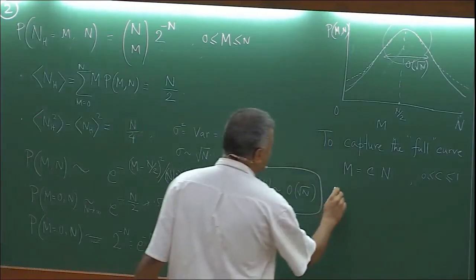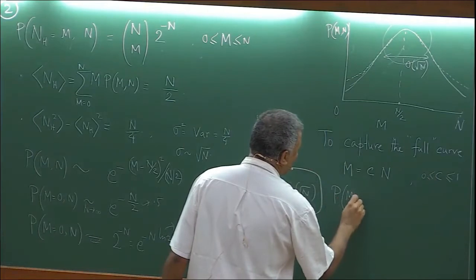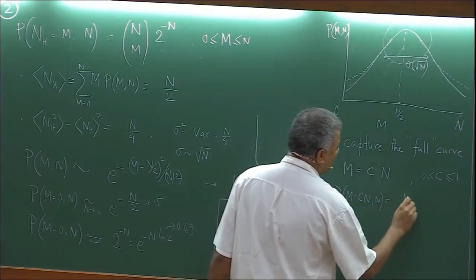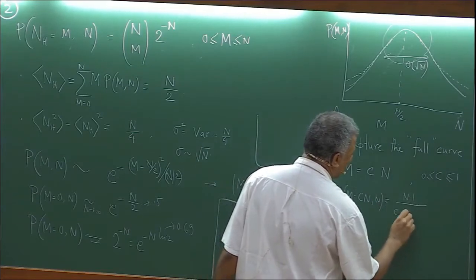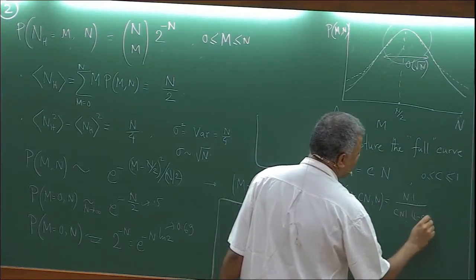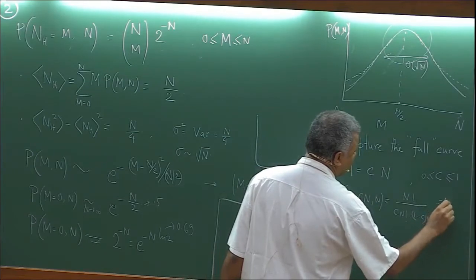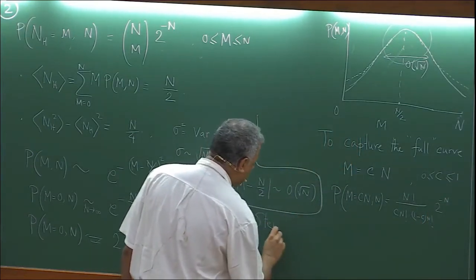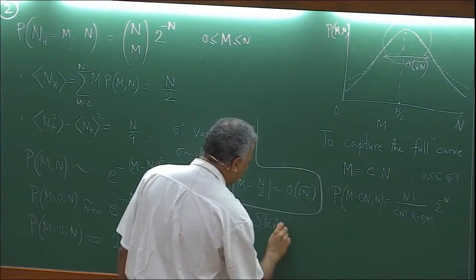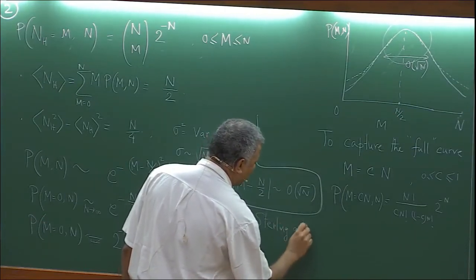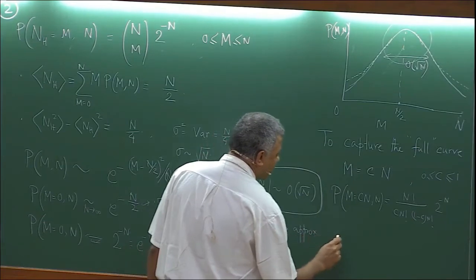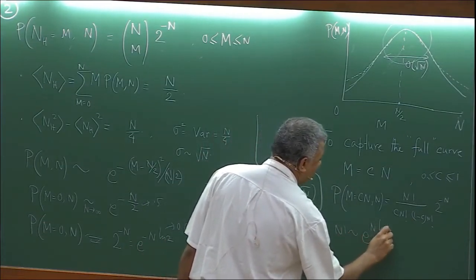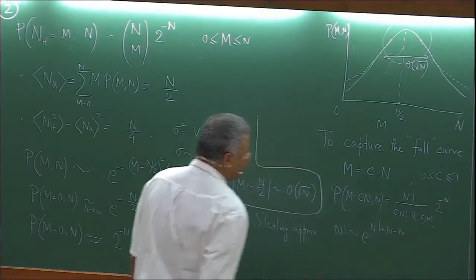So if I take this expression here and put m equal to cn, this is n factorial over cn factorial times (1 minus c) n factorial times 2 to the power minus n. And if you use the Stirling approximation, now I'm taking the large n limit keeping c fixed. Stirling approximation tells you this goes like e to the power n log n minus n to leading order.